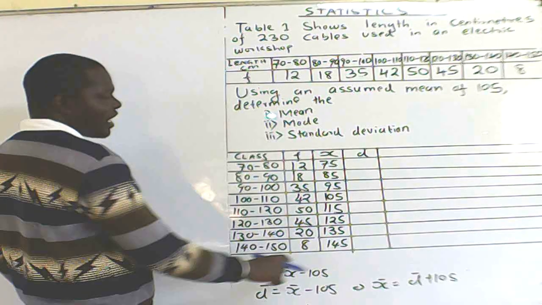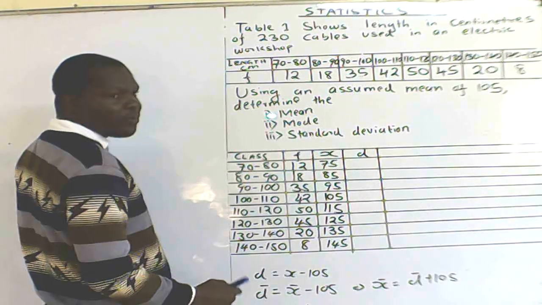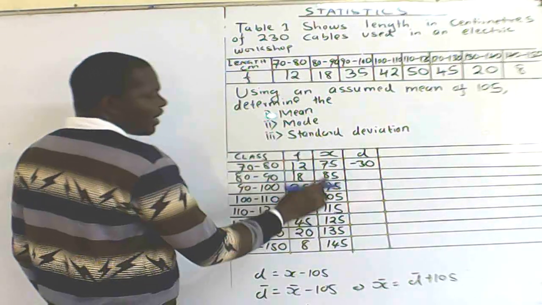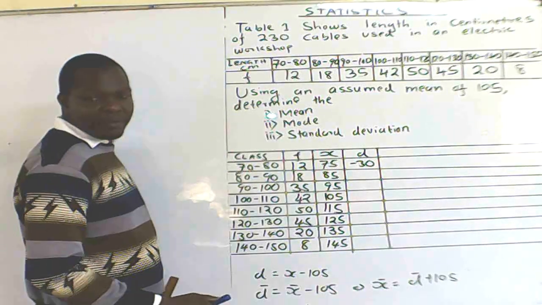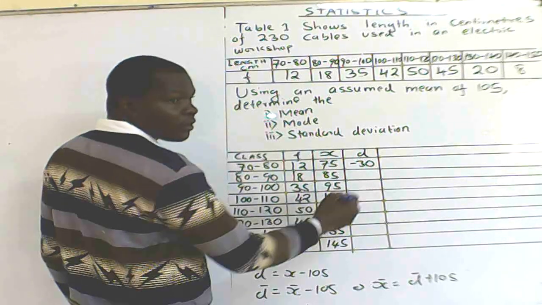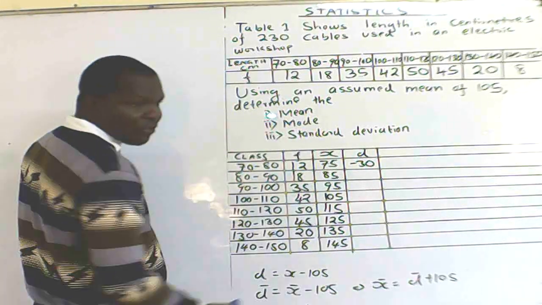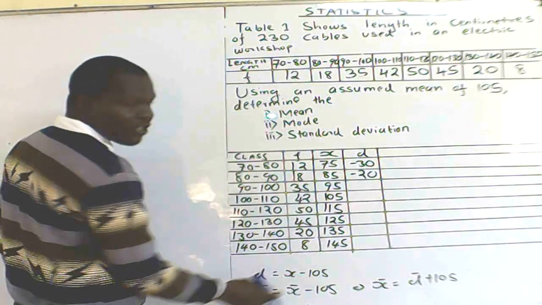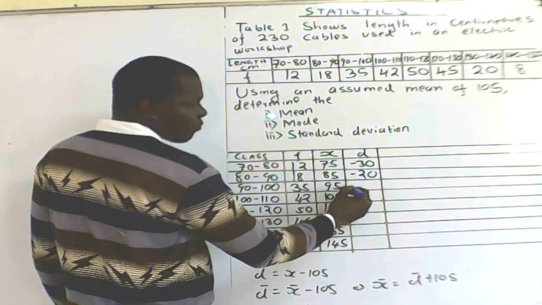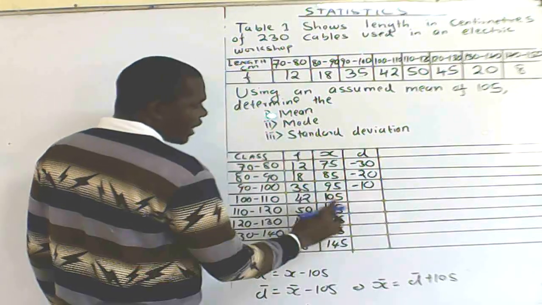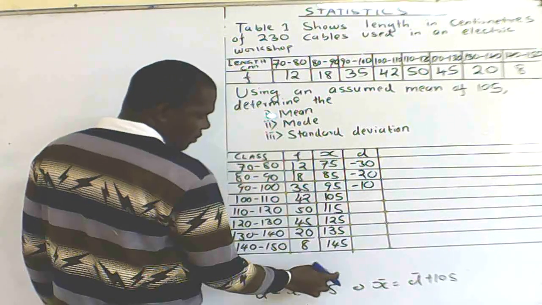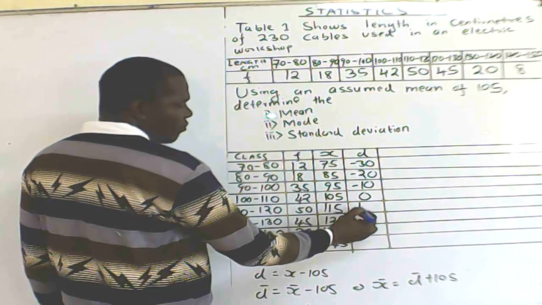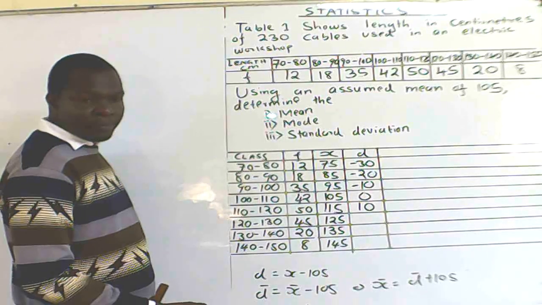The first d: 75 minus 105 is negative 30. The next d, 85 minus 105, is negative 20. Then 95 minus 105 is negative 10. 105 minus 105 is 0. 115 minus 105 is 10.